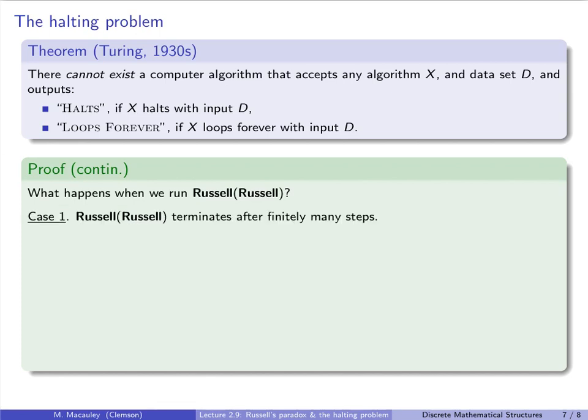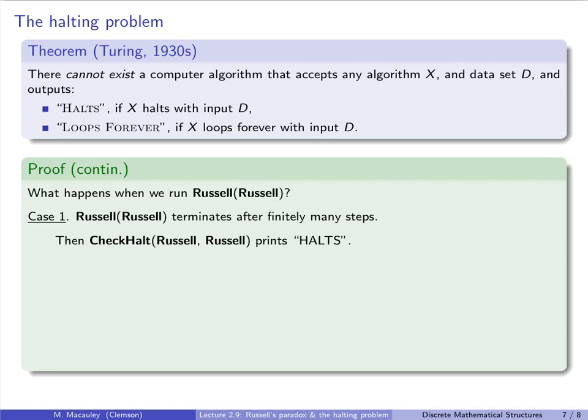Okay, case 1. Russell of Russell terminates after finitely many steps. Think about what that means. If this terminates, then check halt with inputs Russell and Russell prints halts, because that's what check halt does.